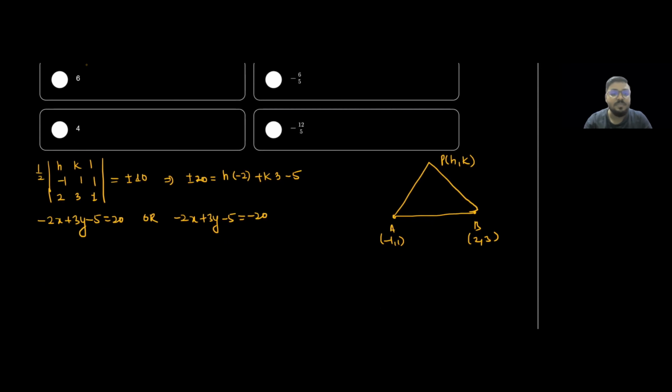So that is -2x + 3y = 25, or the second one, 2x - 3y = 15.